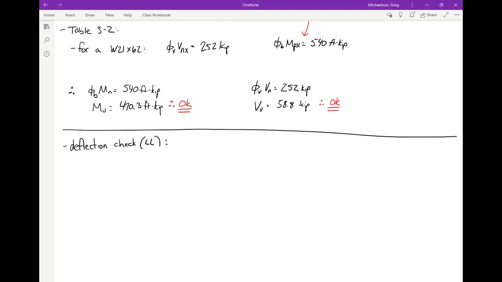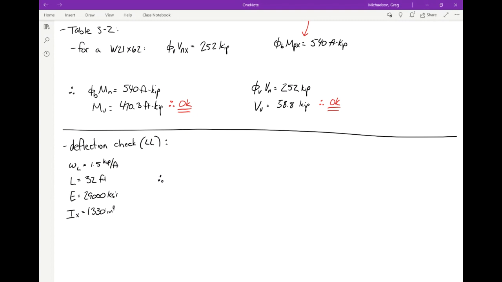Now, for the deflection check, we're going to need a few quantities. We're going to need the live load, which was 1.5 kips per foot. The beam itself is 32 feet long. We need the E value for steel, which hopefully everybody can recite by memory, is 29,000 ksi. And we need the moment of inertia about the x-axis, which we looked up at the very beginning of the problem, and that's 1330.